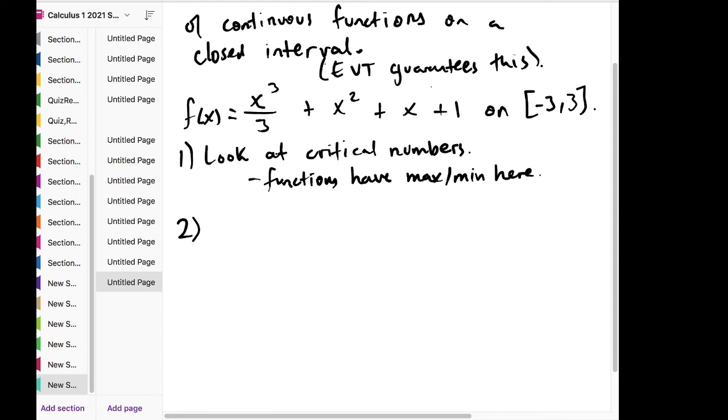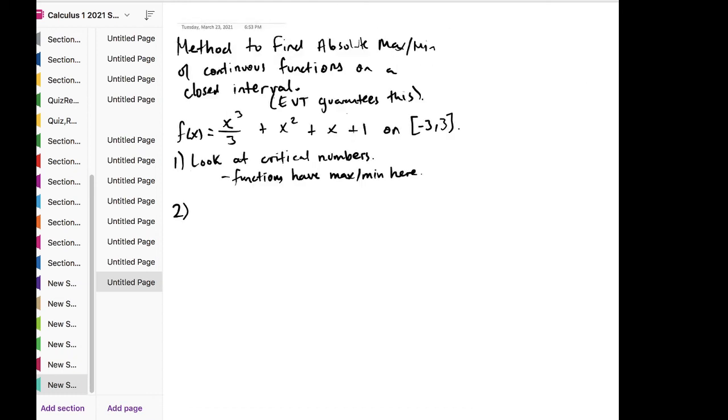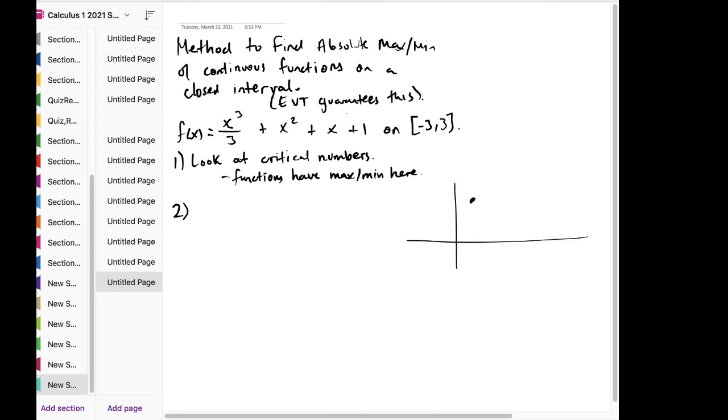Let me just draw an example. What's the max and what's the min?